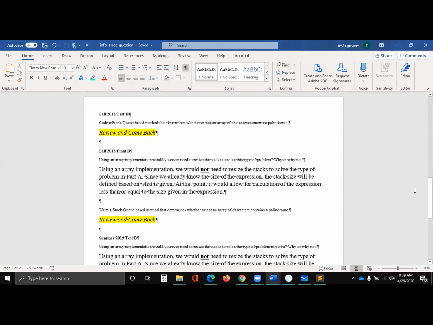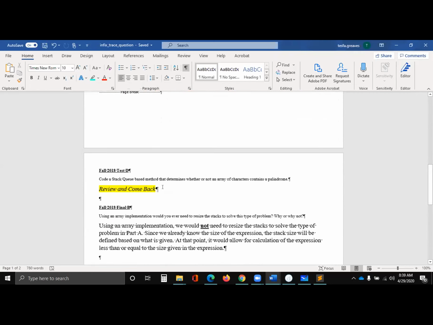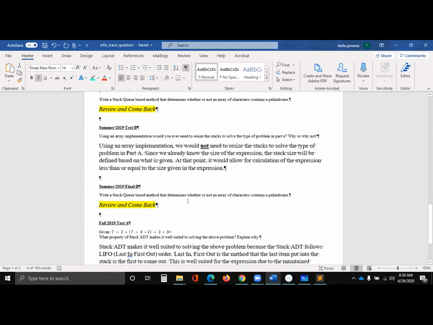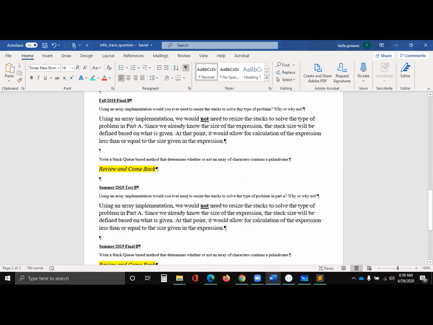So that's why I sped through it and focused on the parts that could really trip you up. That's why I'm coming back to the palindrome, and why I'm asking you guys to tell me if I got the resize part wrong.